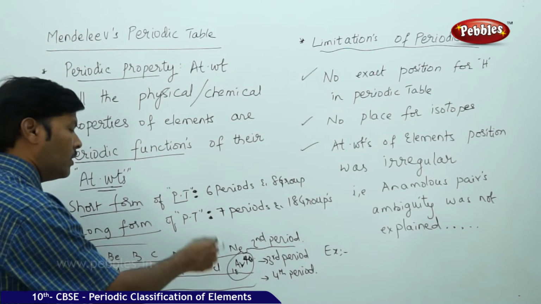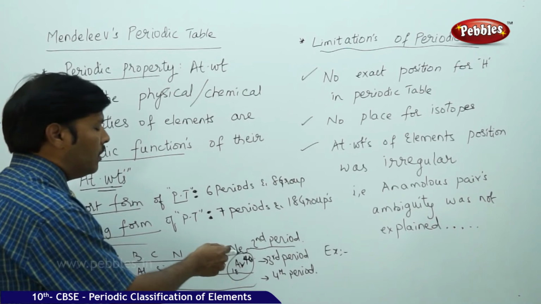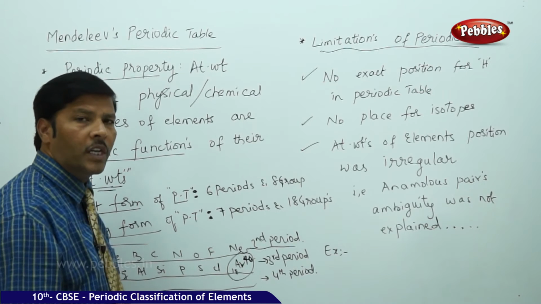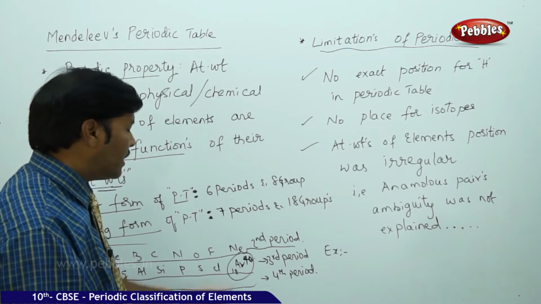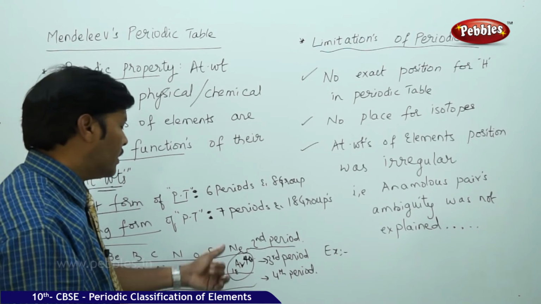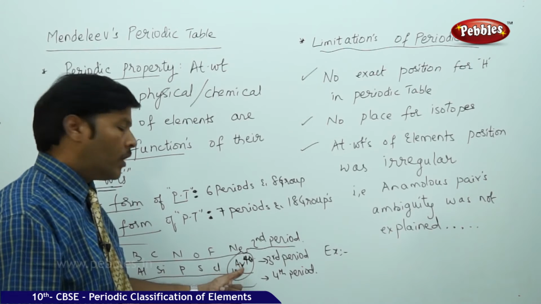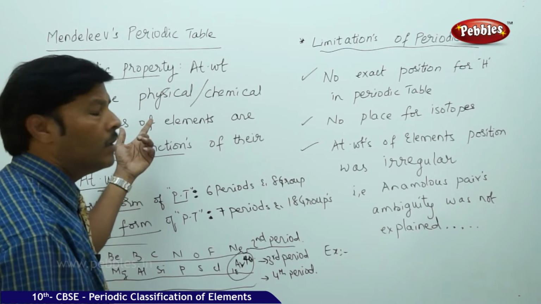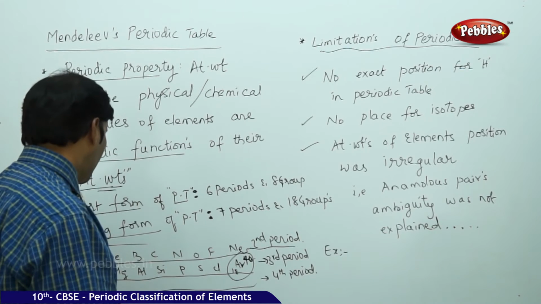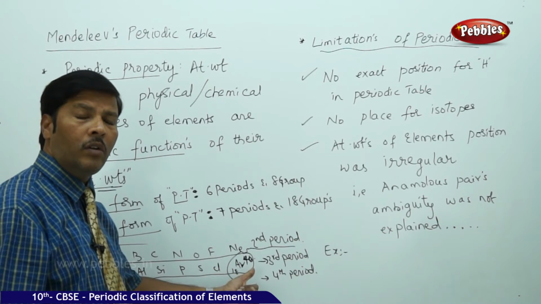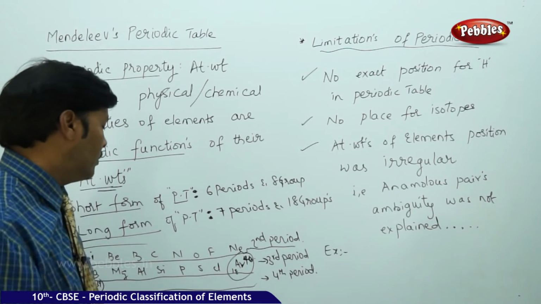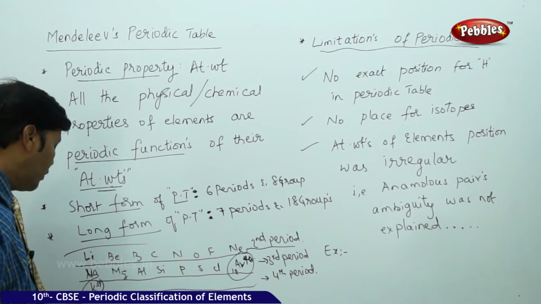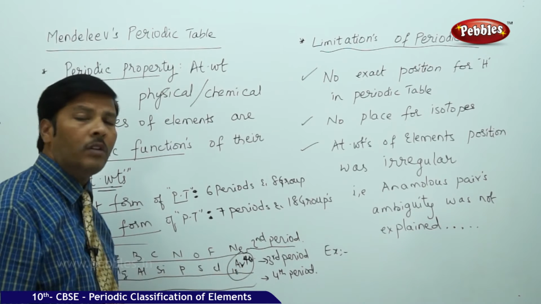Of course, there is a justification saying that argon is placed below the neon in the periodic table just because argon and neon, both of them are noble gases, so they will have some similarity in the chemical properties. But if you take exactly according to the definition of Mendeleev's periodic table, definitely potassium will occupy the position of argon, and argon will occupy the position of potassium.